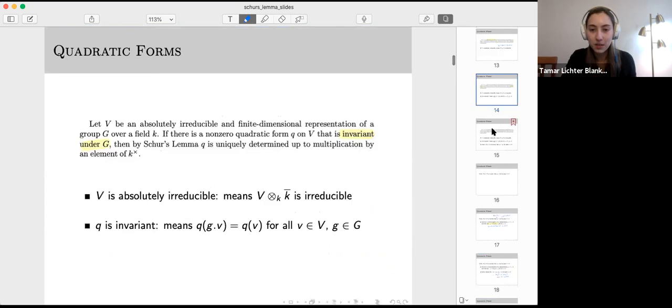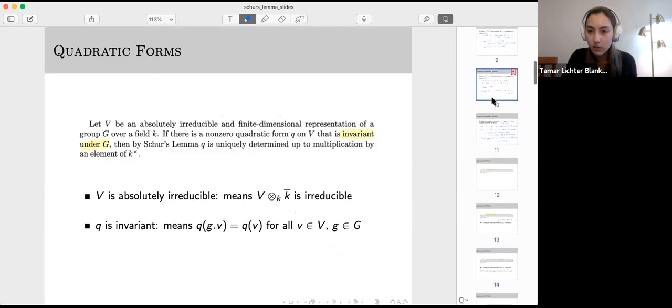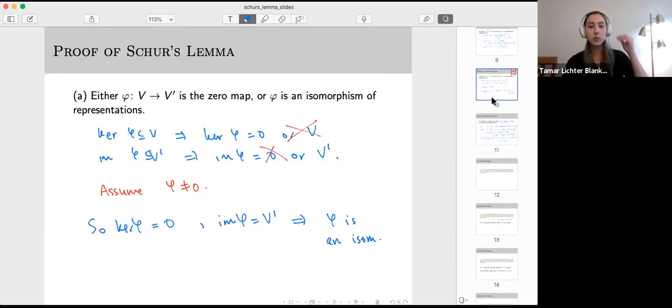And something that might hint at there being a more general version of Schur's lemma, if I can find the slide. So if you think about the proof of part A of Schur's lemma, which I'm now going to call Schur's lemma for the rest of the talk, what are we actually using here? We're proving a statement about representations, which are vector spaces that have an action of a group, these invertible linear transformations.